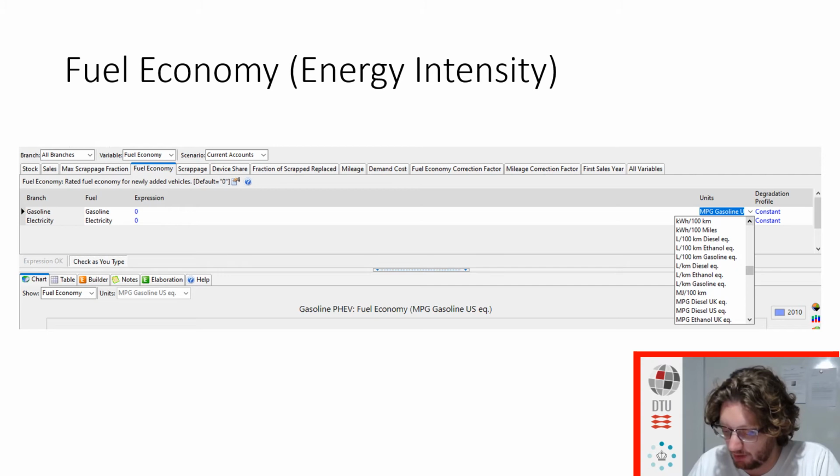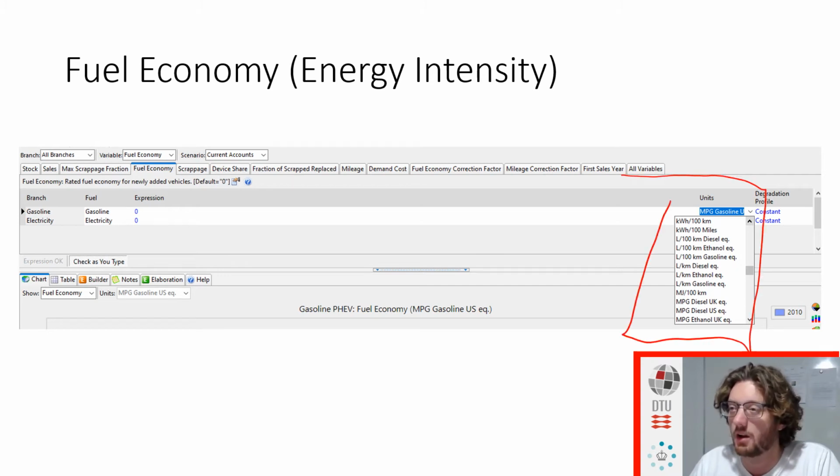So as you can see over here, we now have units that are very specialized for actually driving consumption. So it all depends on miles or kilometers or whatever your preferred unit is. The one thing that can be a little bit tricky is that the units we have now for fuel economy can be both positively and negatively related.